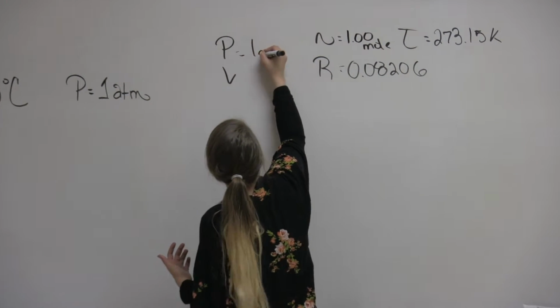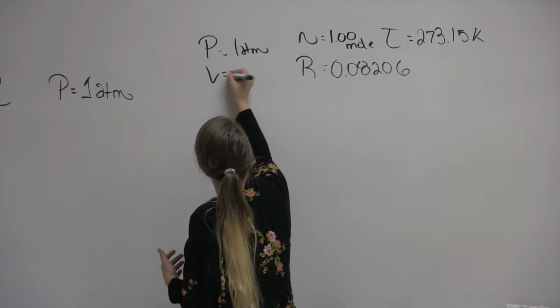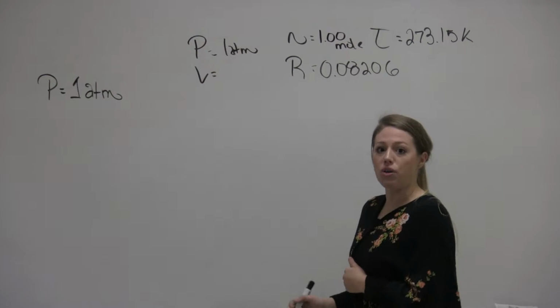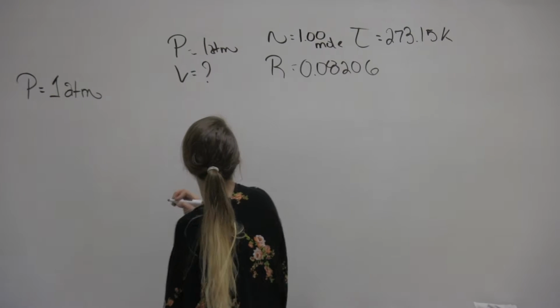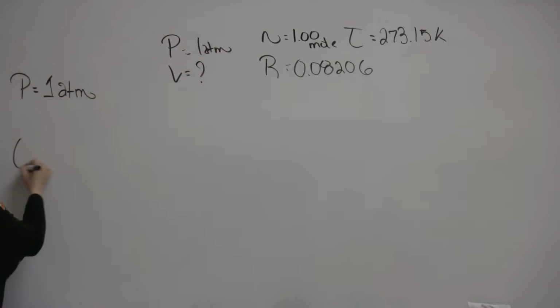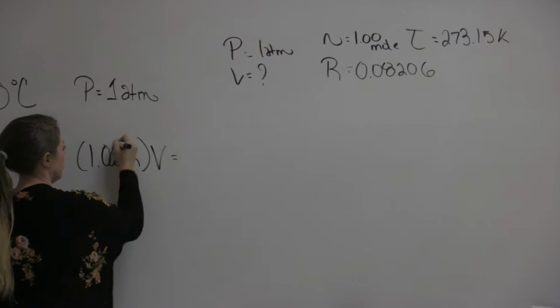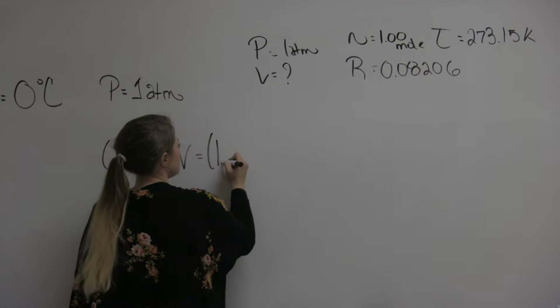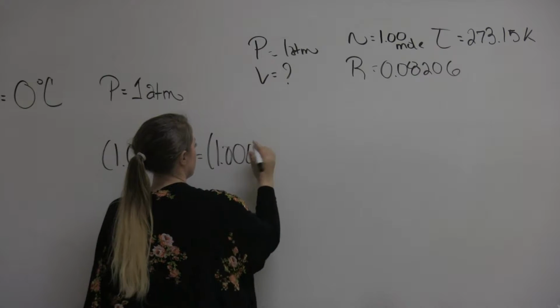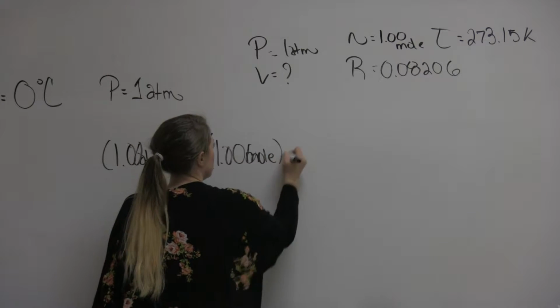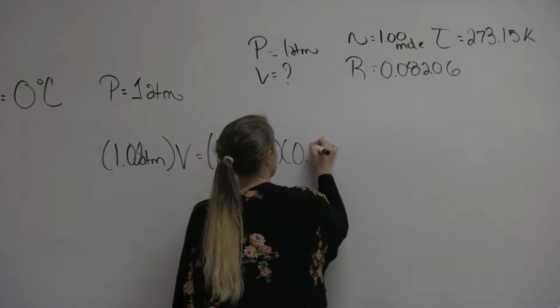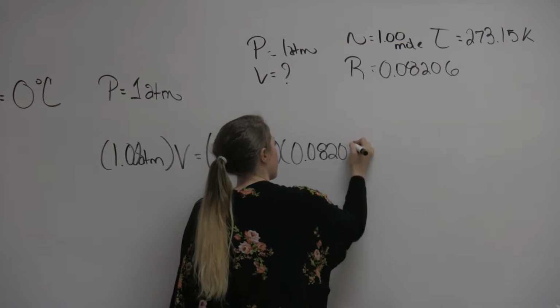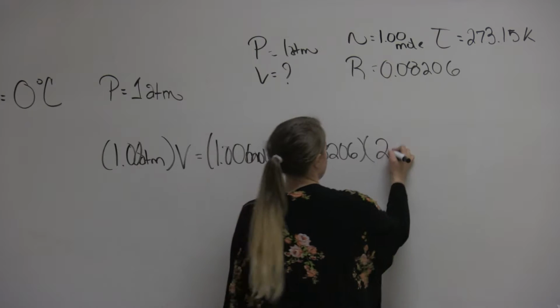Our pressure is 1 atmosphere, and we want to know what's the volume. We're going to solve for the molar volume. So my pressure, 1 atmosphere, times my volume equals my number of moles, which is 1.00, times my gas constant, times my temperature.